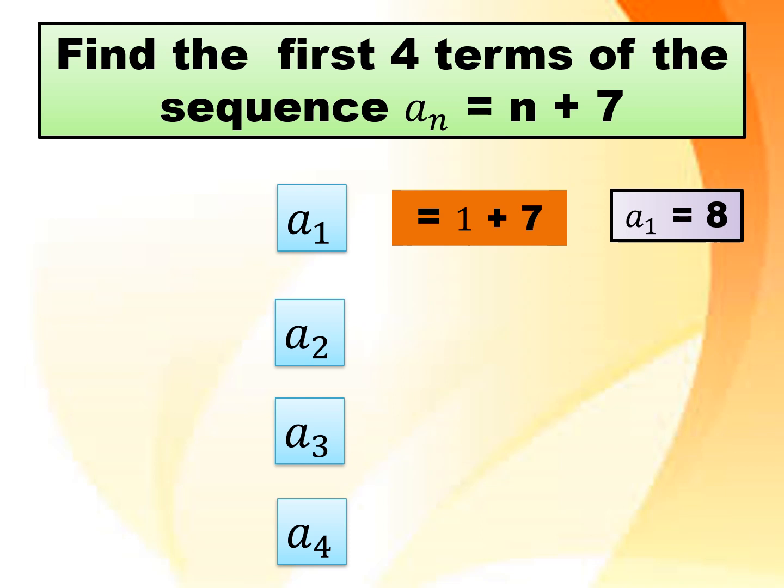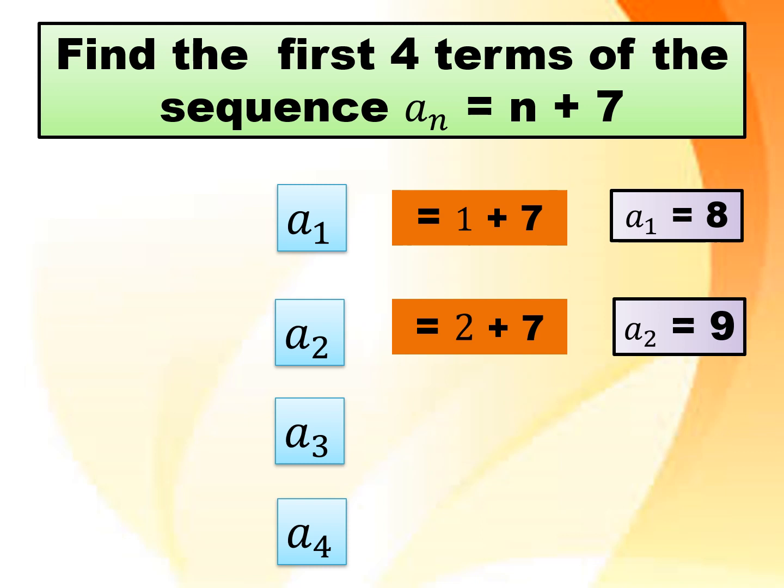Let us now solve for a sub 2. Substitute 2 to the value of n in the given formula. We will then have 2 plus 7. Therefore, a sub 2 is equal to 9, or simply, the second term of the sequence is equal to 9.